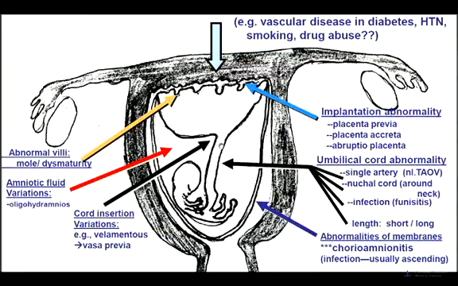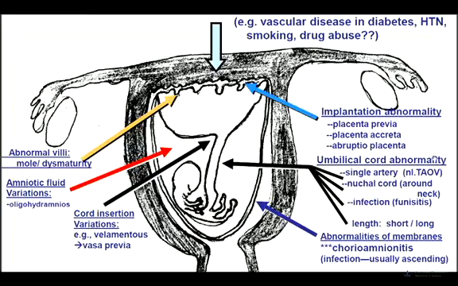The cord insertion, if it inserts in the membrane instead of into the disc itself, that's called velamentous, and this can be located down here and lead to vasa previa and vascular accidents. The discolored placental membranes is chorioamnionitis, infection, and it's usually ascending through the vaginal vault, not hematogenous spread.